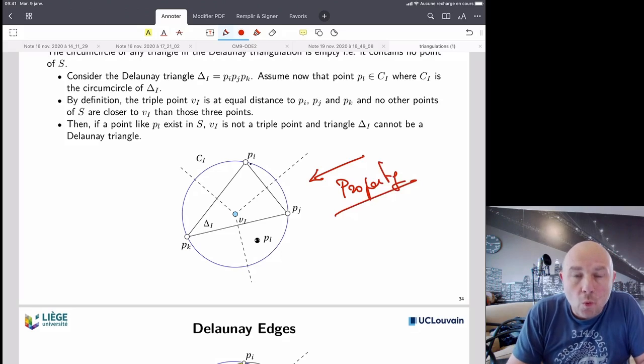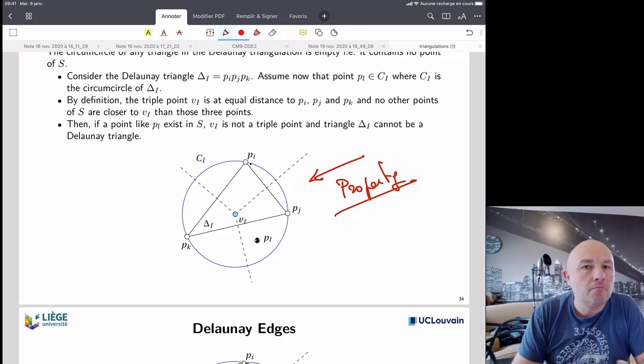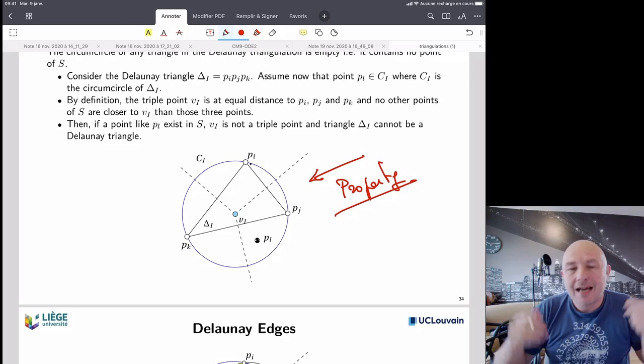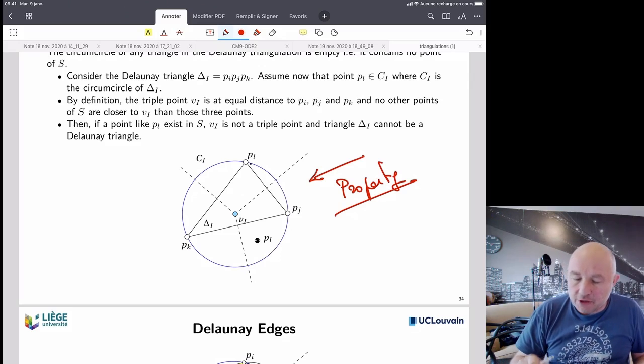So, there are a lot of things we can prove. We're going to prove two very easy things. But there are a lot of things we can prove, and I'll make a small summary at the end of this presentation. There are a lot of properties and consequences related to that property.